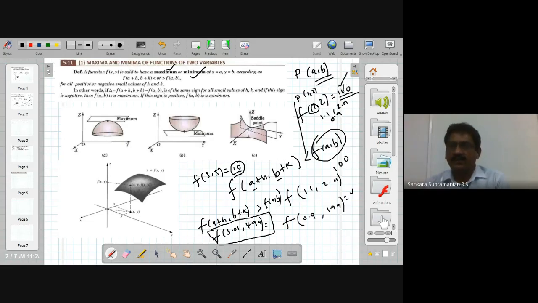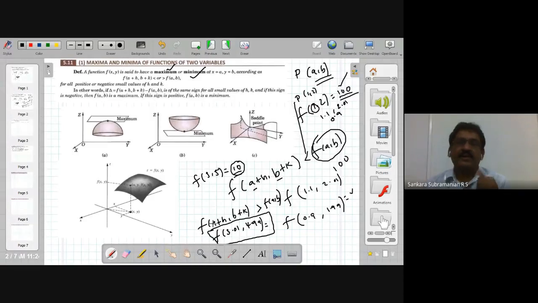The statement is good only if, for the neighboring points, say 1.1 or 2.01, whatever input you go with, the output must be less than 100. It should not exceed that 100, which means f(a plus h, b plus k) must be less than the functional value f(a, b).